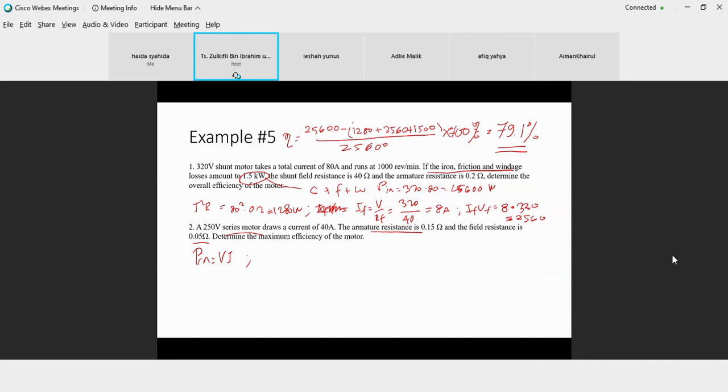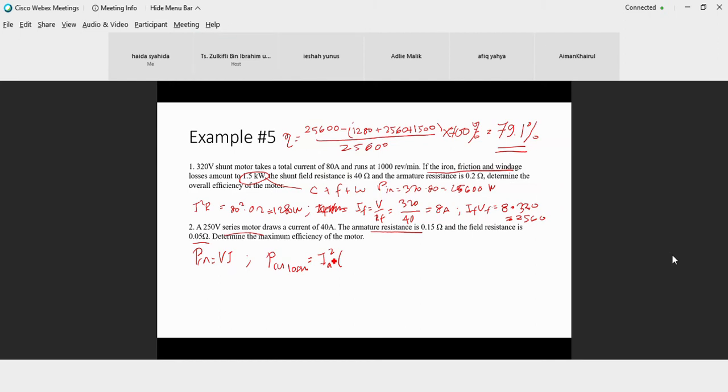So the losses are variable, I squared. Now the losses, the copper losses, because it is a series motor, the conductor losses equal I squared, IA squared.